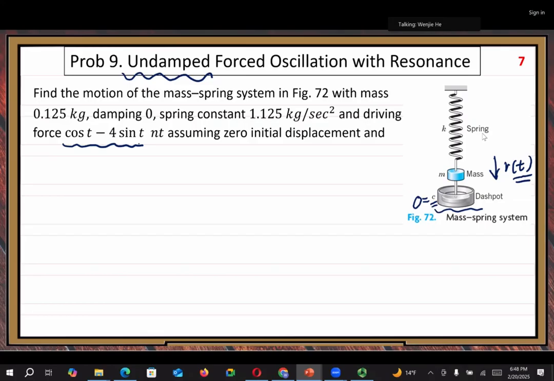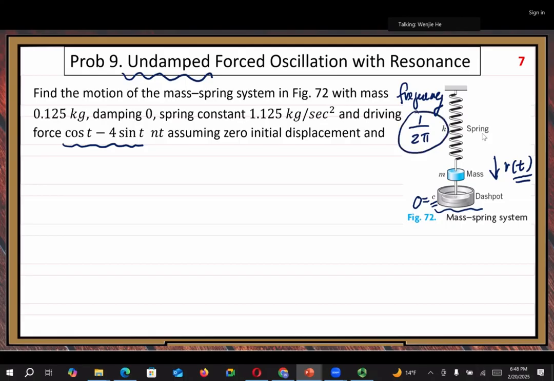Remember last time we defined the frequency: the frequency is the reciprocal of the period. What is the period of the driving force? Sine, cosine, 2 pi, right? So the frequency here is 1 over 2 pi.